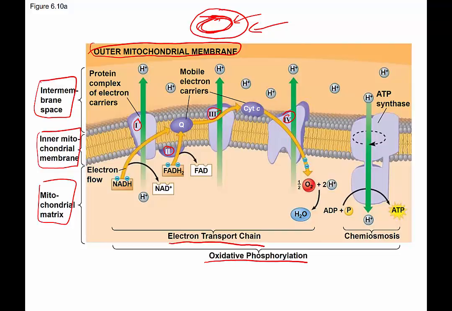The second part of oxidative phosphorylation is called chemiosmosis, and this is driven by an enzyme called ATP synthase. So really, oxidative phosphorylation is a 2-part process. First, you have the electron transport chain, and second, you have chemiosmosis. The electron transport chain is all about pumping hydrogen, and chemiosmosis is all about producing the ATP using the pumped hydrogen.